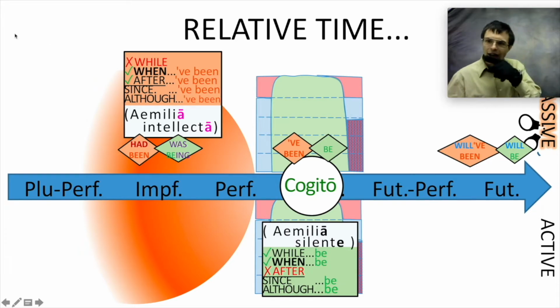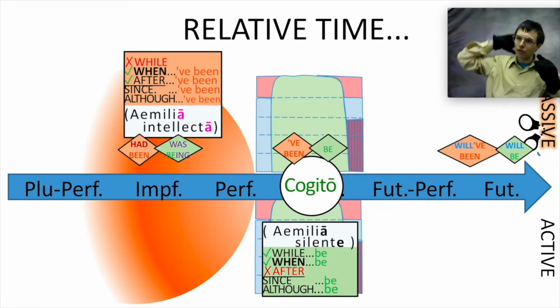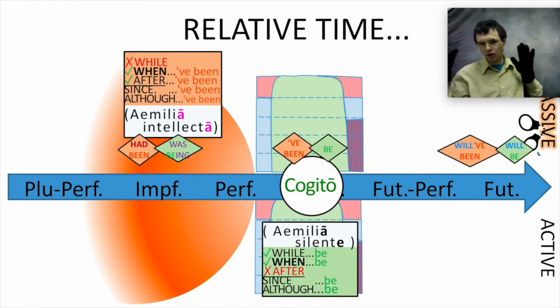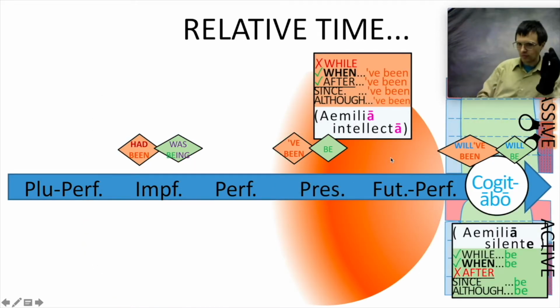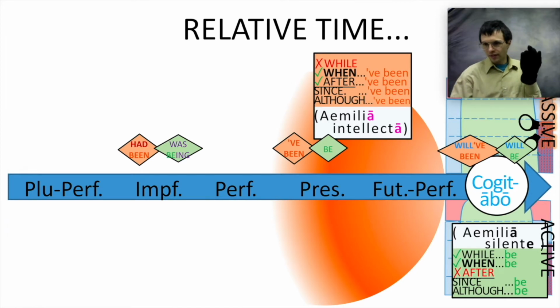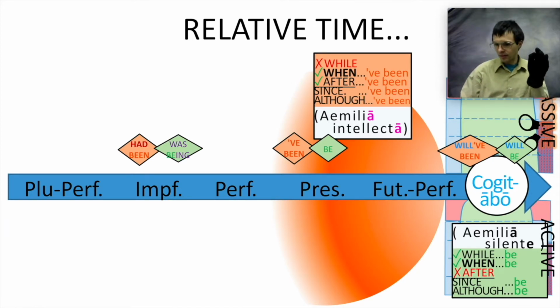If you realize that the ablative absolute is actually causing the main verb, or in the green case, is actually enabling the main verb, then using "since" will make the sentence sound awesome. Like, "since Aemilia has been understood, our conversation is over." See how the being over is not just after her being understood, but because of her being understood. So in a situation like this, you would want to use "since."